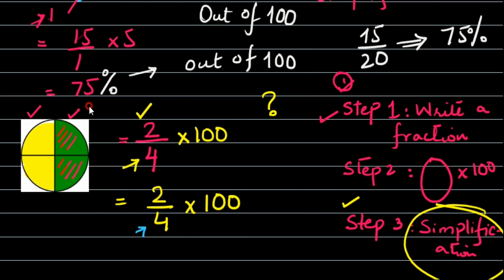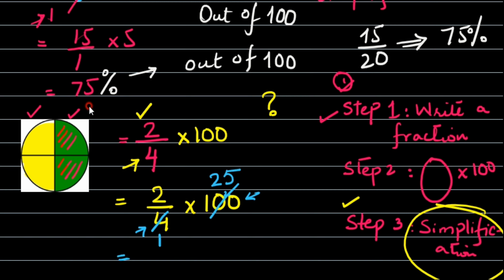Just check 4 and 100, they both are divisible by 2. You can see a bigger number too, so they both are divisible by 4 also. So I will go with the highest common factor. I will go for 1 4 is 4, 2 4s are 8. Here I will apply the bus stop method. So I will carry 2 to the other 0. It becomes 4 5s are 20.